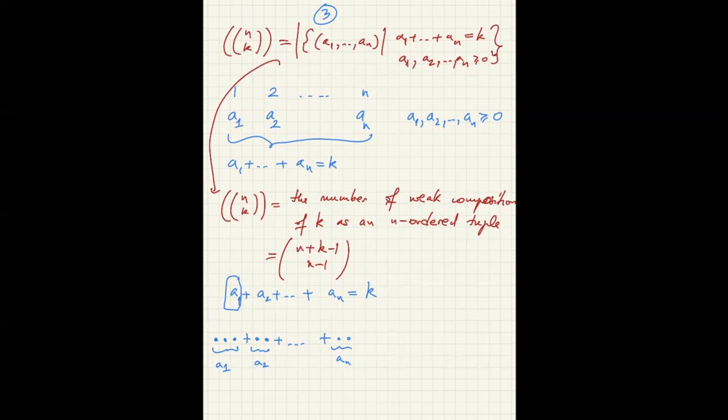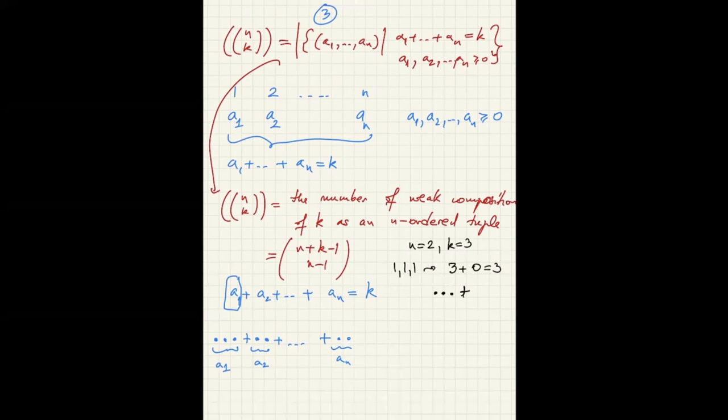So for example, in the situation before where we had n equals 2, and we're picking an element 3 times, and we picked the element 1, 1, 1, our equation corresponding to that would be a1 is 3 plus a2 is 0 equals 3. That would be our equation, and the arrangement would be 3 dots, a plus.